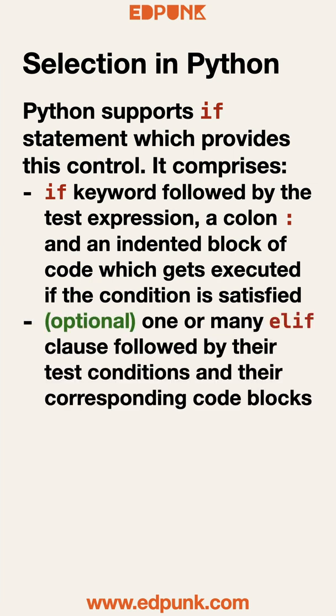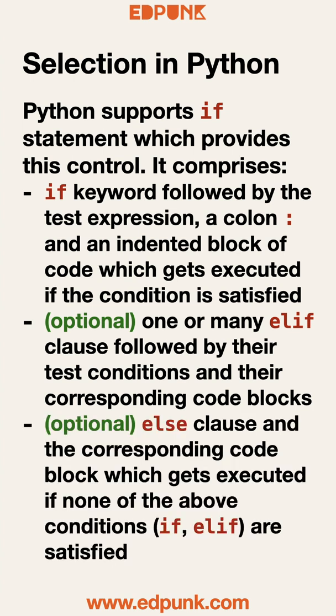Optionally, one or many elif clauses, each followed by their respective test conditions and the corresponding code blocks. Finally, there can be an optional else clause which contains a code block that gets executed if none of the above if or elif conditions are satisfied.